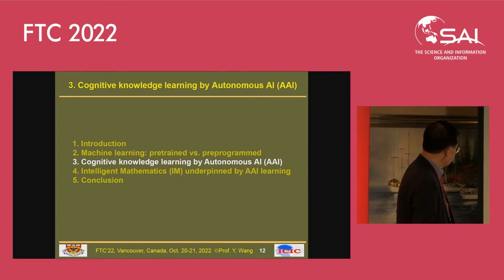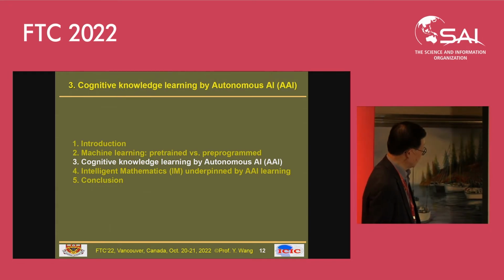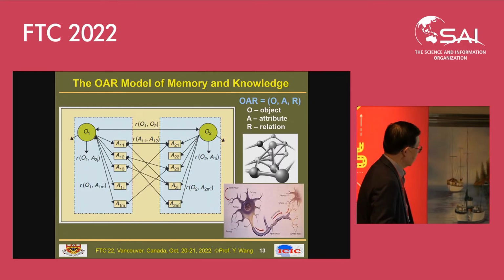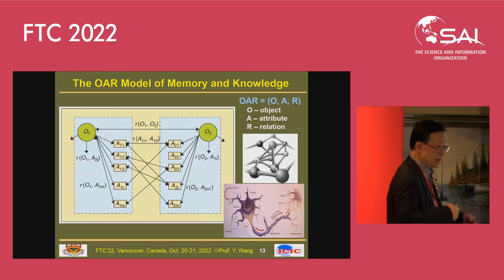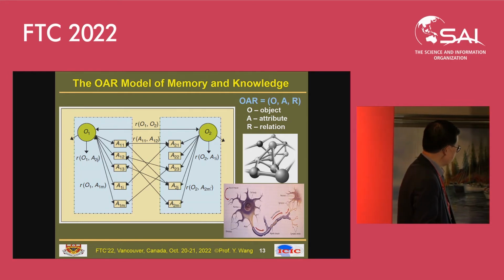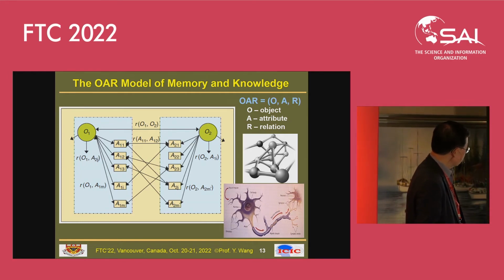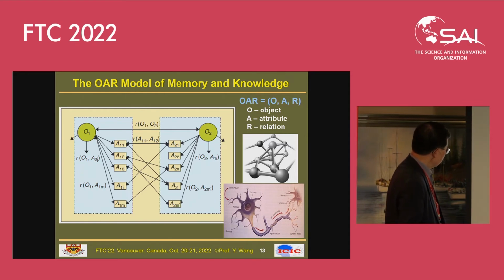So here, we are going to discuss the cognitive knowledge learning towards the future, which we call autonomous AI. And we say human knowledge representation in the brain, as we understand well in neuroscience and brain science, is through all those kinds of connections.